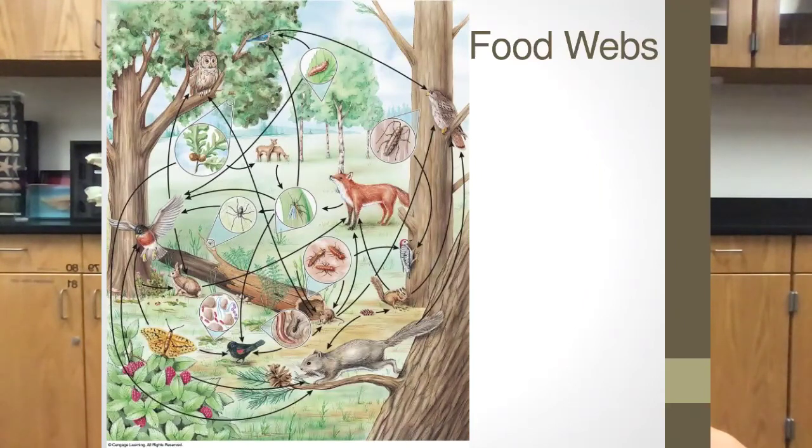So, but the woodpecker and the mice are not directly linked to one another. So that's why food webs are important. So the actions of one species could actually be influencing, either in a positive or negative way, the actions of other species. Okay, very important concept to understand there.